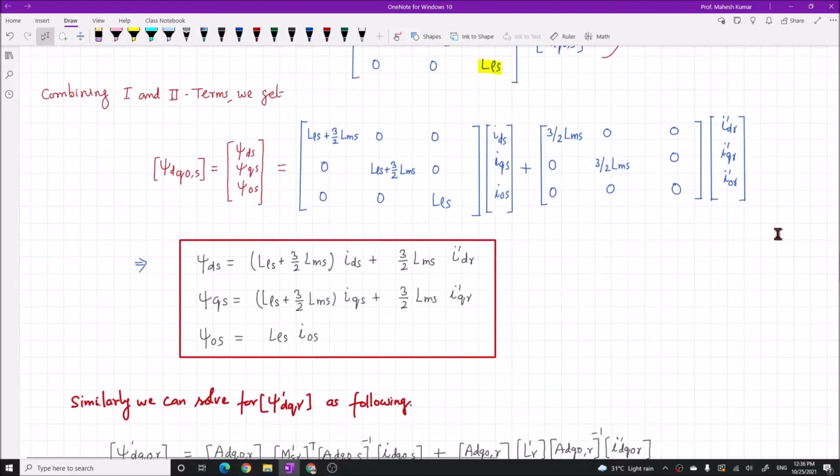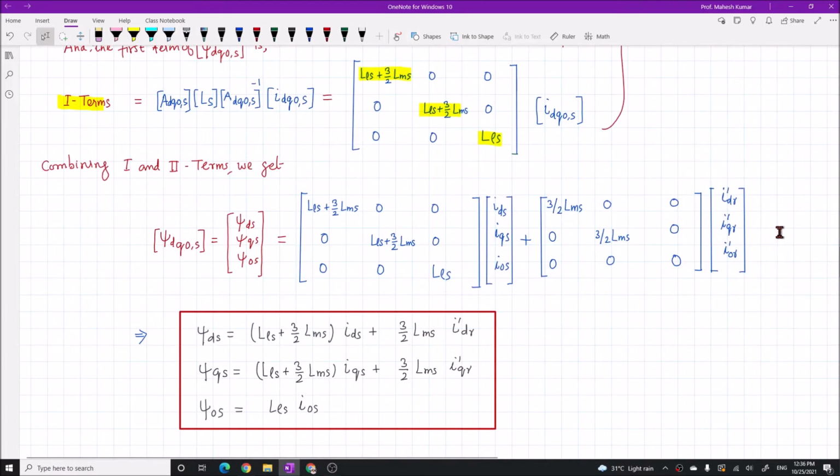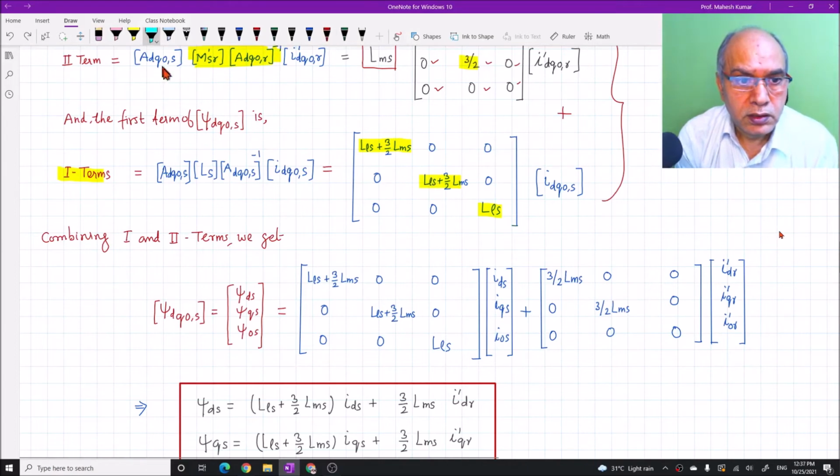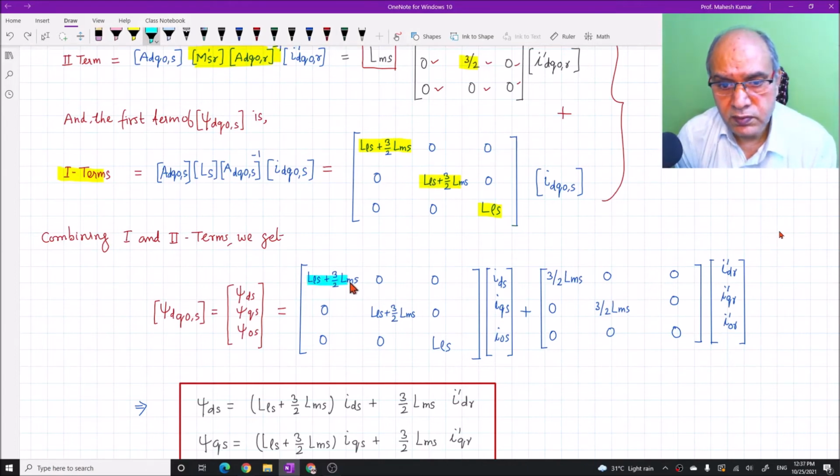Alright, so this is the addition of these two terms. This is the first term, into IDS, IQS, I0S, and the second term is 3 by 2 LMS, 3 by 2 LMS.